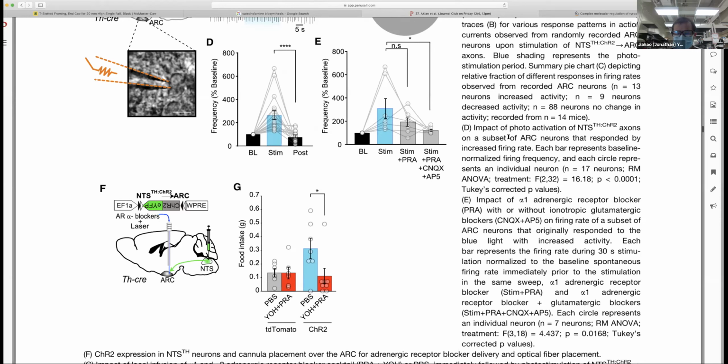That's my hypothesis, because those are mostly AMPA receptor and NMDA receptor antagonists.